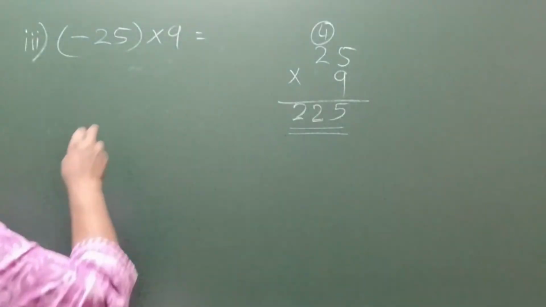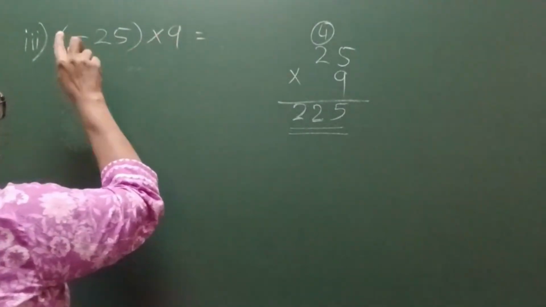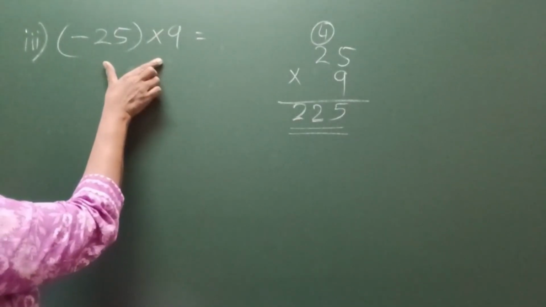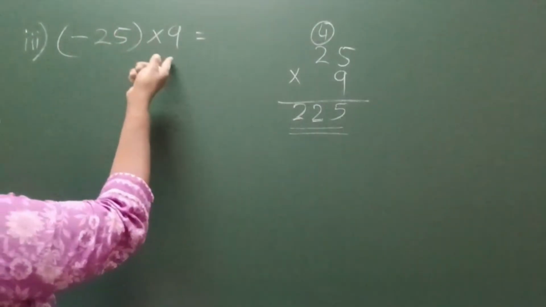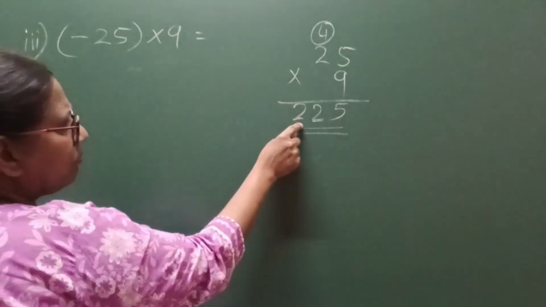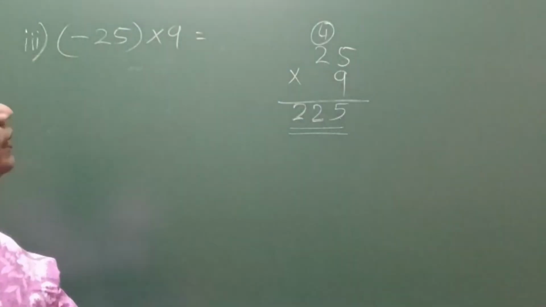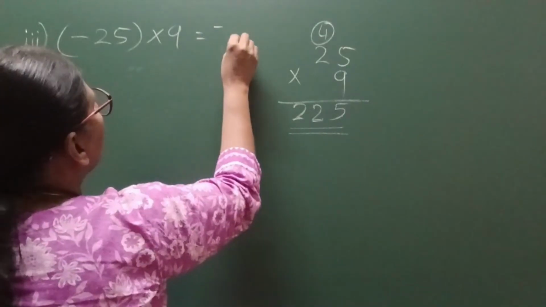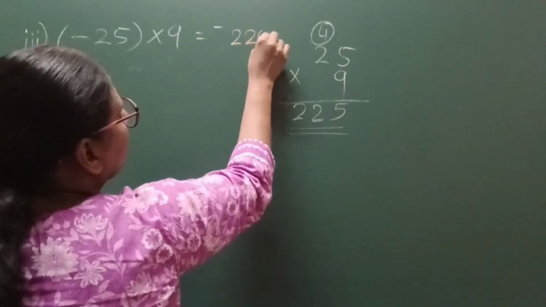So 225. When we multiply unlike signs, after finding the product we have to give the negative sign. So minus 225 is our answer.